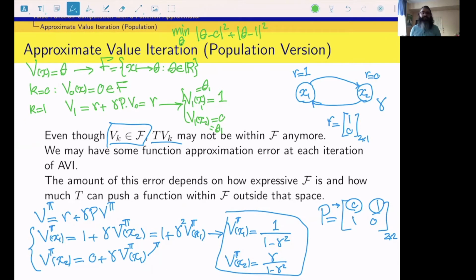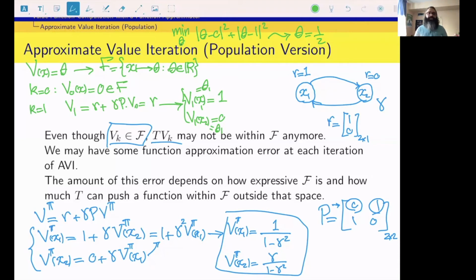So we find a minimizer of that, and I think it makes sense by symmetry that the minimizer would be half. Now this value function belongs to that function space, but it is not correct for any of those states.